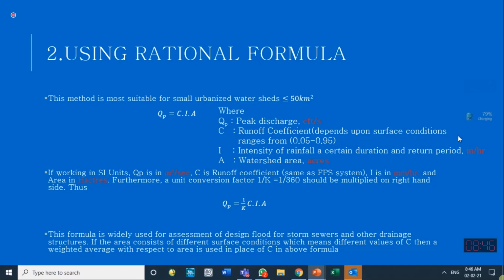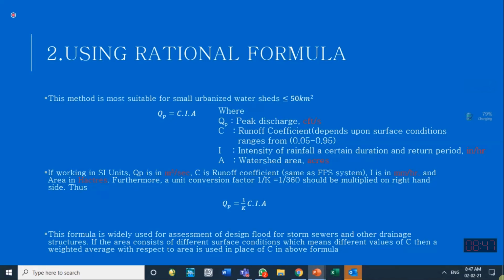So how to select the return period, that is a very important aspect. People don't talk about it a lot. You should be knowing, because if you are designing a certain structure, usually without considering, we select 50 year, 100 year. Which return period should be selected relates to the life of the project, importance of the project, how much damage we can accept, how much risk we can accept.